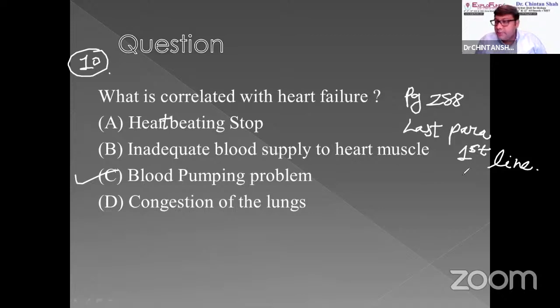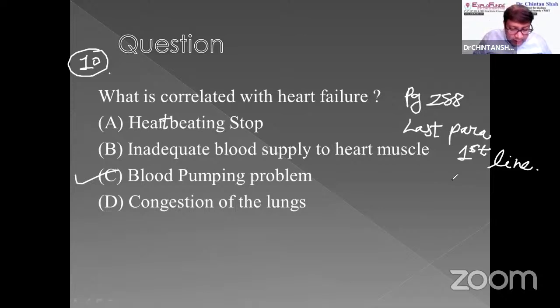I think 10 should be C. Okay, and Ritu is saying it is congestion of the lungs. Ritu, what do you believe? Okay, let me go on that. Page number 288. It should be C. Okay, let's go for it as soon as possible.